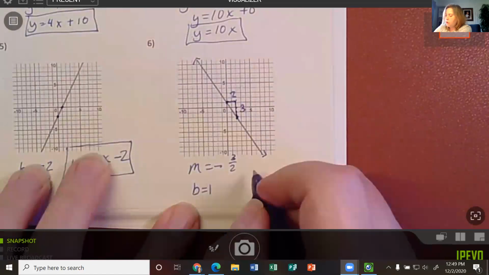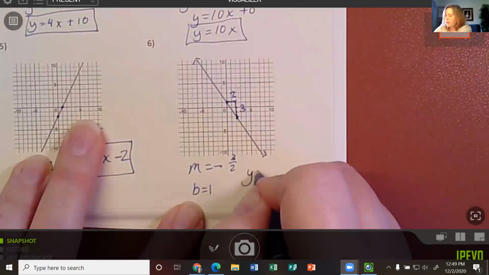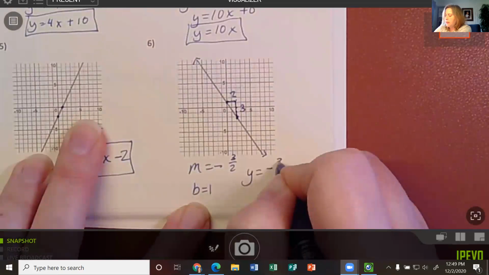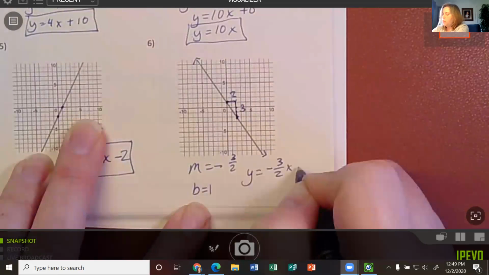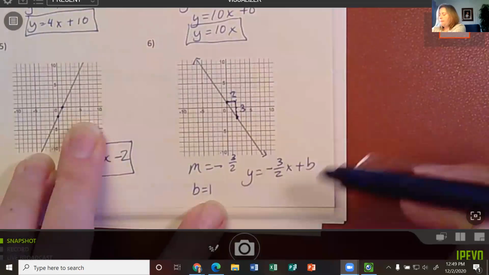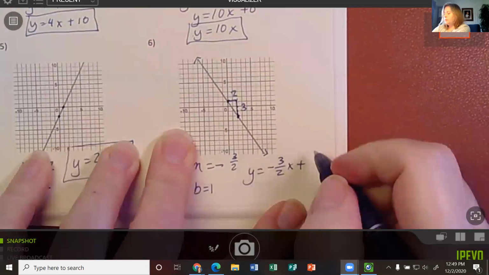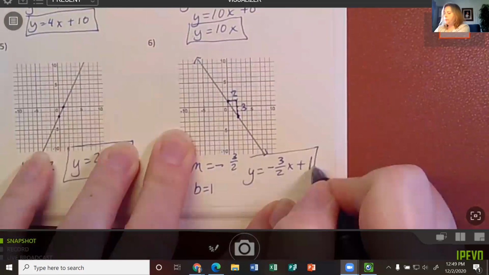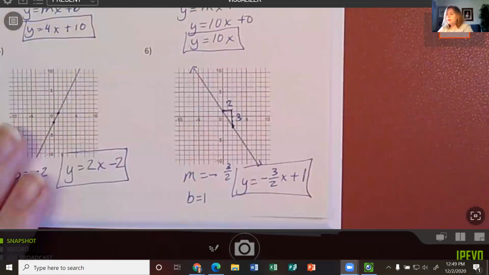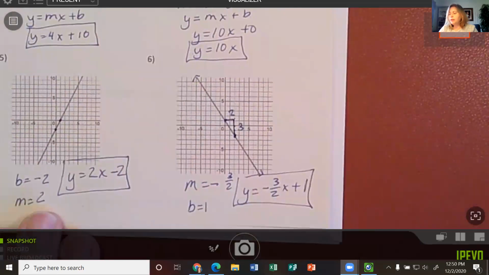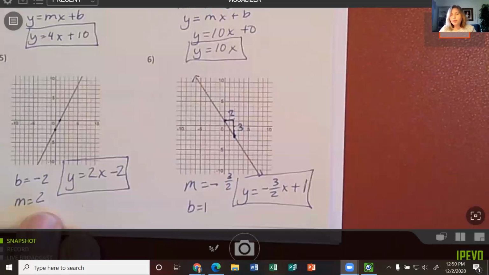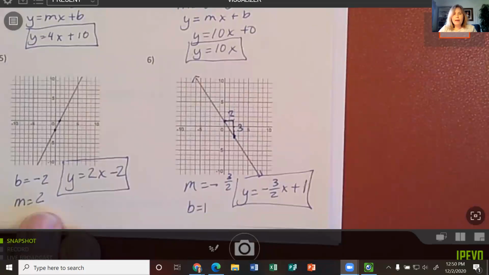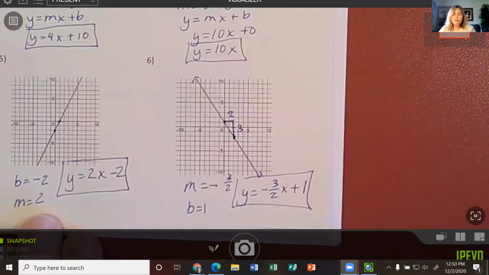So in slope-intercept form, we would say y equals negative 3/2 x plus 1. Okay, and that is writing equations of lines in slope-intercept form, point-slope form, in a variety of different situations, given a variety of different inputs, whether that's a graph, given points, descriptions of the line.